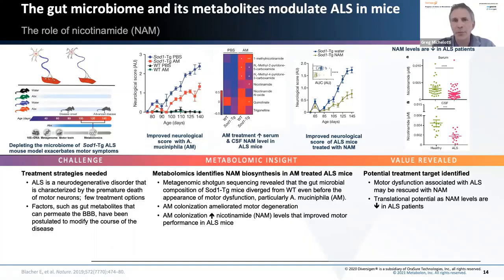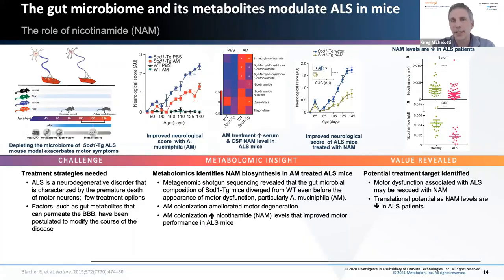They found that relative to PBS-treated mice and even wild-type mice, the SOD mice, the diseased ALS mice that were mono-inoculated with Akkermansia, had significantly higher levels of nicotinamide and all the nicotinamide derivatives in that pathway. That's really the power of unbiased or untargeted metabolomic profiling, because you get an unbiased view of metabolic changes across all different biochemical pathways.